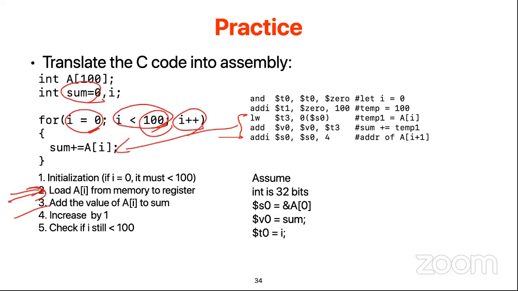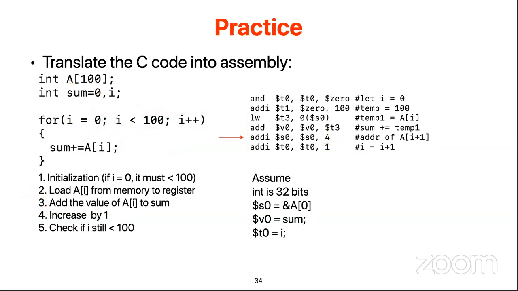So what if we just add 4 to the address in S0? You can think of S0 as a pointer. It will be pointing to A1 instead of A0 after we do this. So here we are advancing the pointer, and then we advance the value of I.